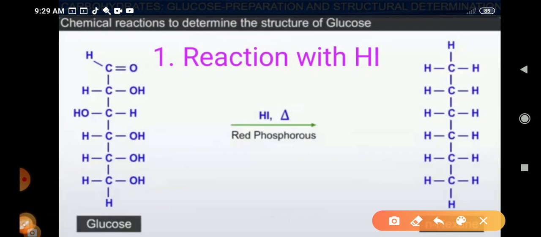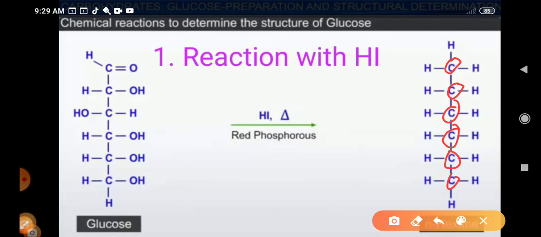Hexane means 6 carbons, that is 1, 2, 3, 4, 5, 6. So the product formed is a 6 carbon hydrocarbon, that is hexane, and all the carbon atoms are linked in a chain. That means there is no branching here.